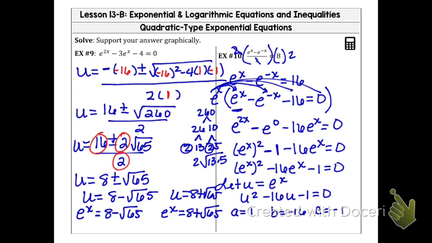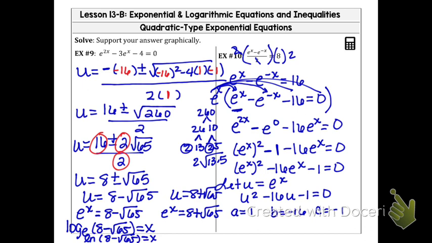So when I change this to log form, I get log base e of 8 minus square root of 65 equals x. We know that log base e is a natural log, so the natural log of 8 minus square root of 65 is equal to x. But remember, check it.